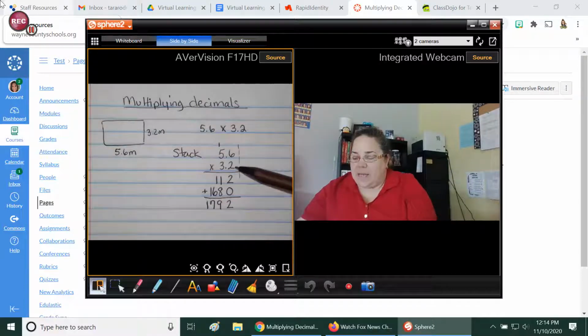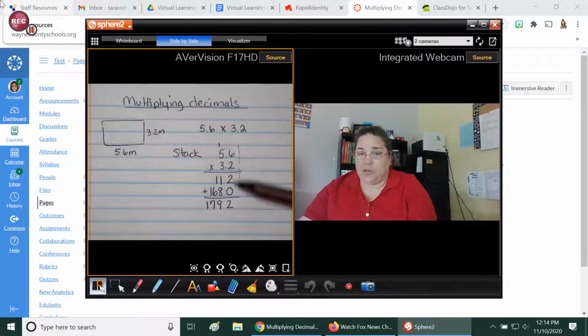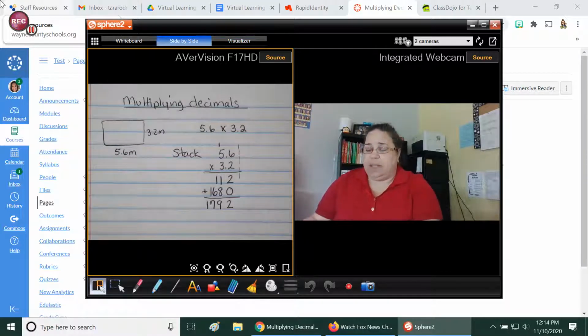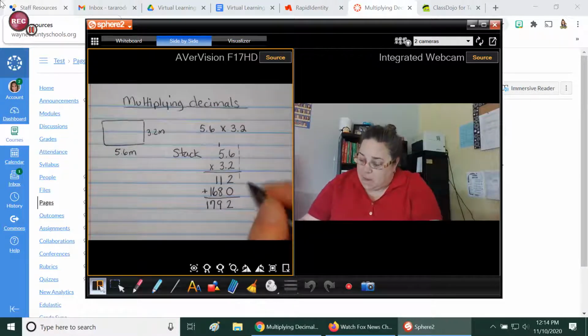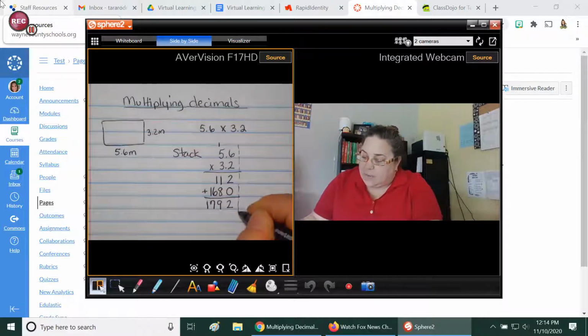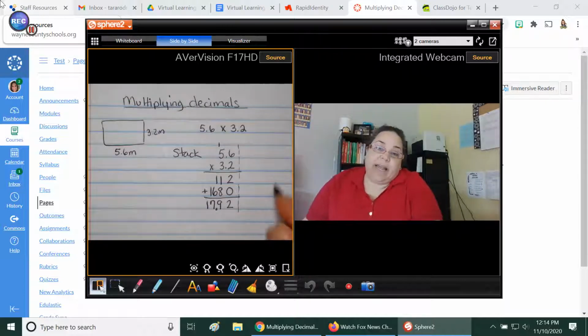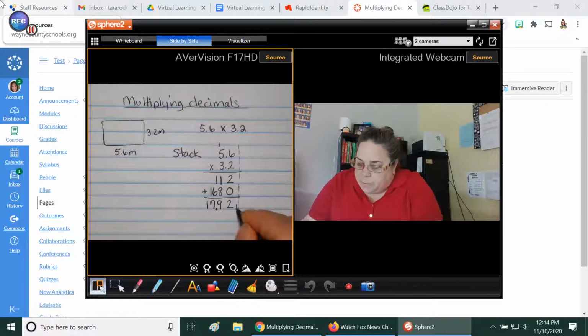And then in my bottom number, there's one digit behind the decimal. So there's 2. That means I'm going to count 2 from my imaginary right line. 1, 2. And this was an area problem, so we really should put meters squared.